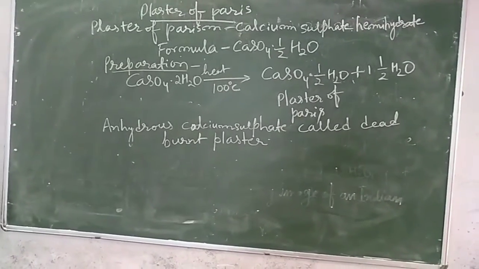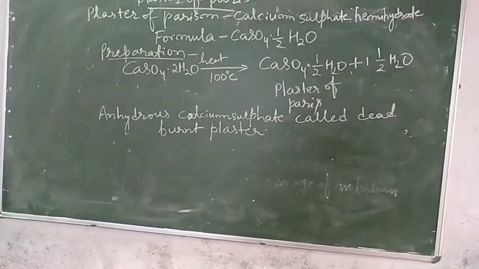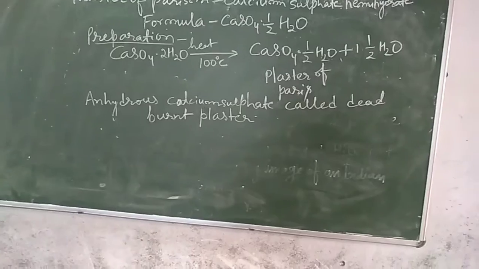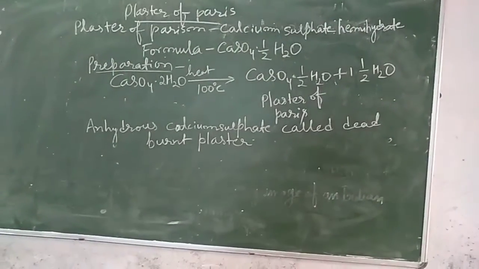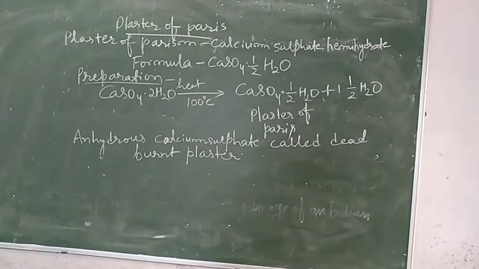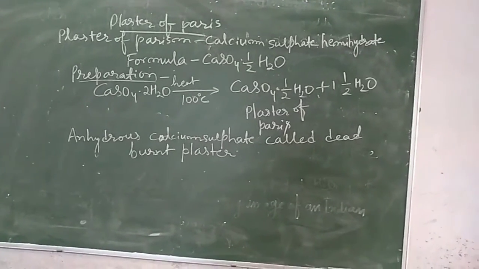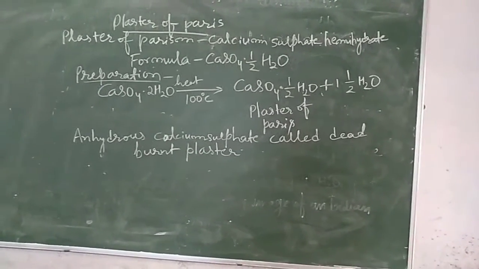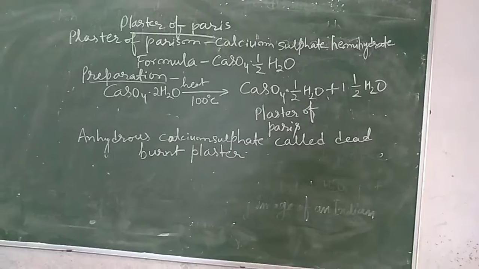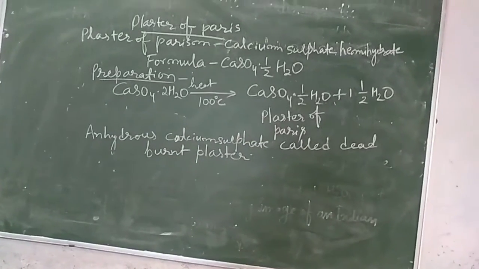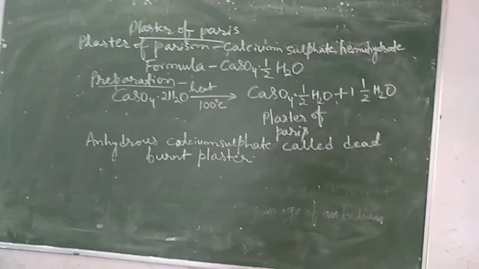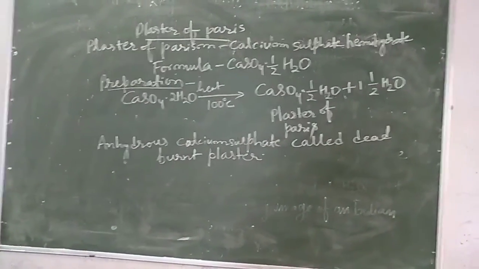All of you know that plaster of Paris should be stored in a moisture-proof container. Do you know why? Because if it reacts with moisture, then it sets and is converted into gypsum. Therefore, it is always stored in a moisture-proof container.